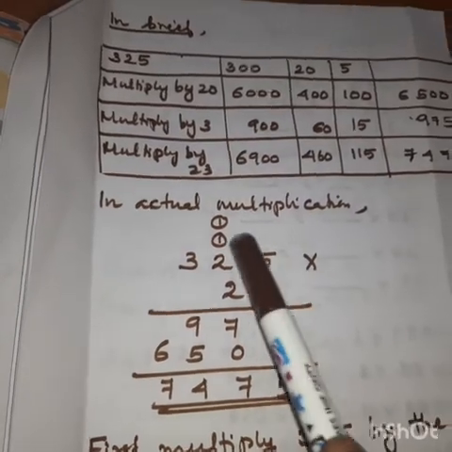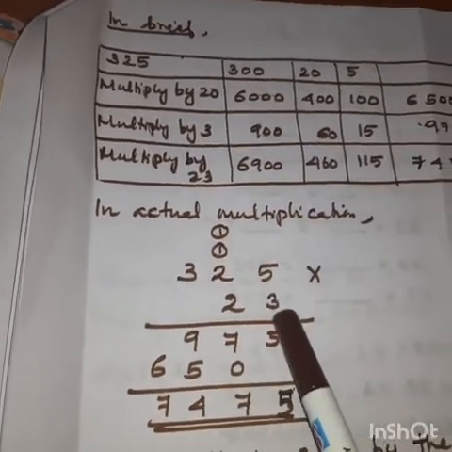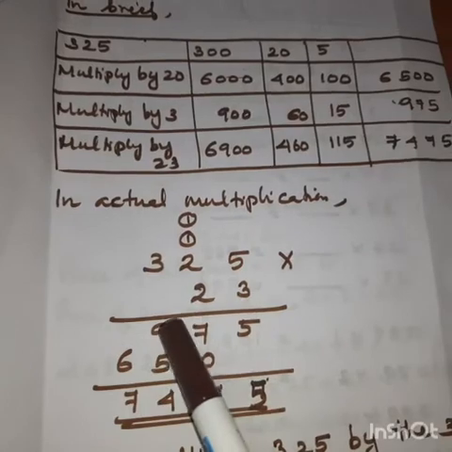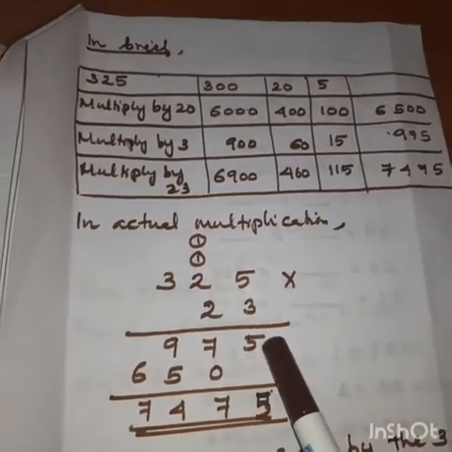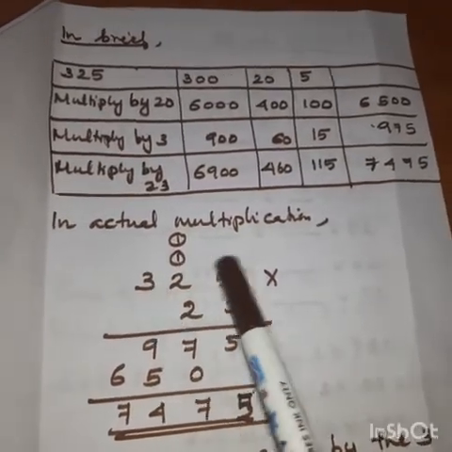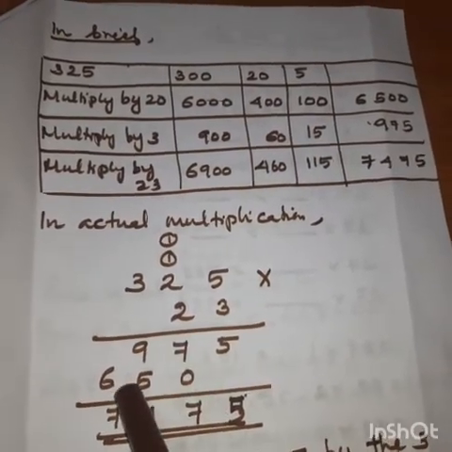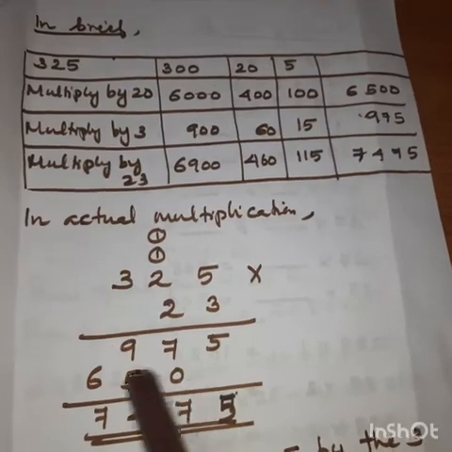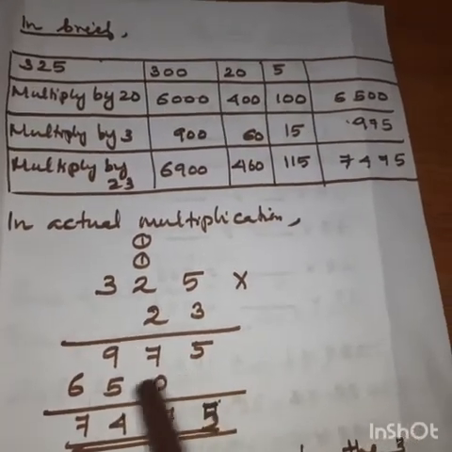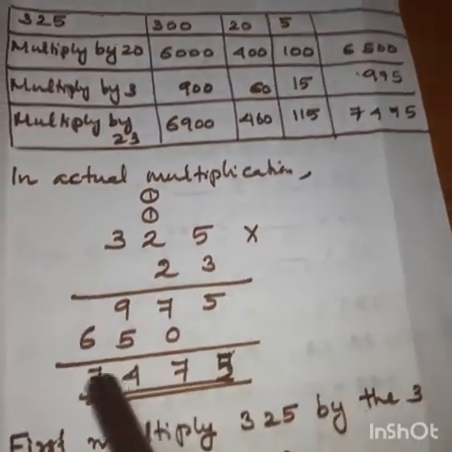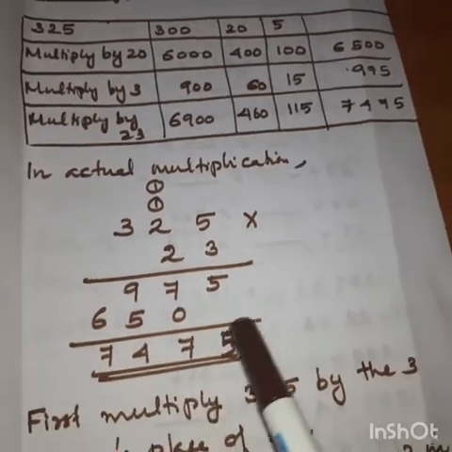Then the actual multiplication, that is 325 into 23. First multiply 325 by the unit place digit 3, we get 975. Then we multiply 325 by the digit in the tens place, that is 2, that is 650, and write this from the tens place to the left. Total is 7475.